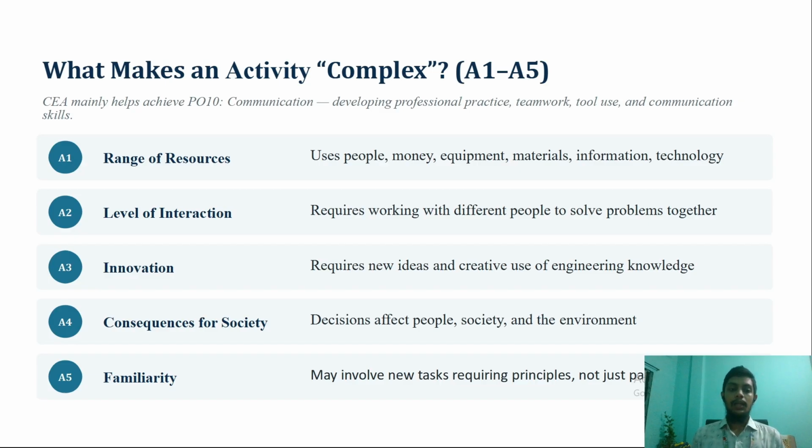A1, range of resources: uses people, money, equipment, materials, information, technology. A2, level of interaction: requires working with different people to solve problems together. A3, innovation: requires new ideas and creative use of engineering knowledge.